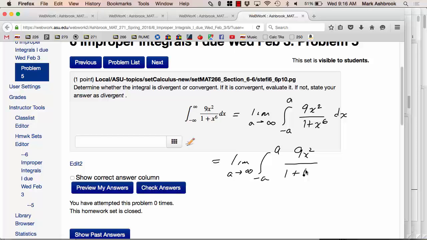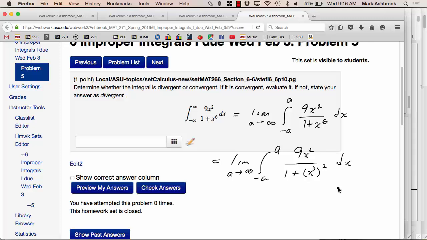What squared is it? X cubed squared. Agree with that? And why did I do that? Because it works.